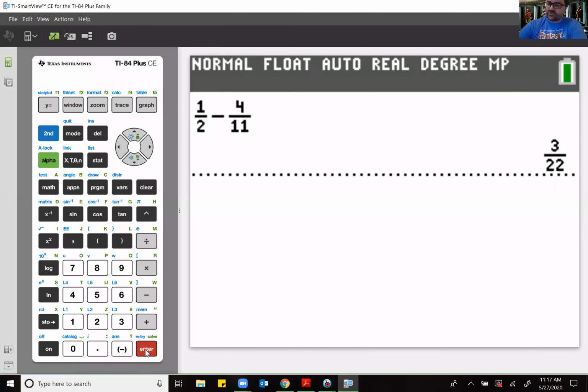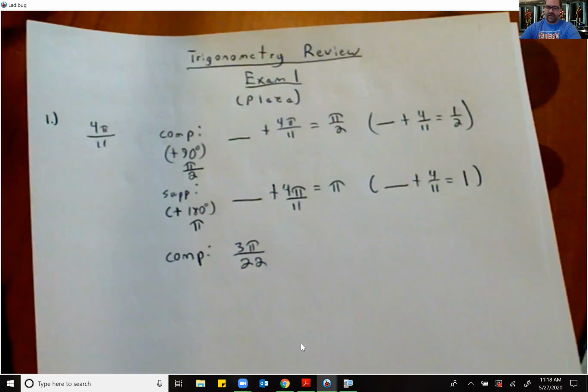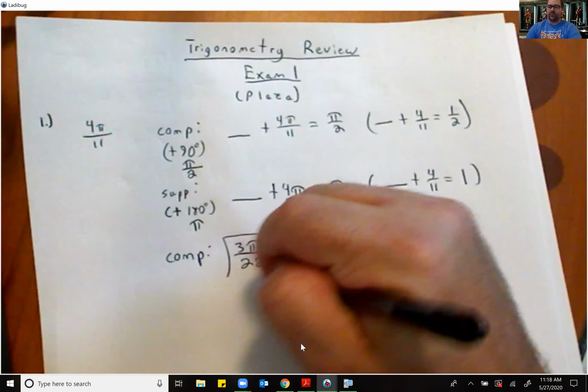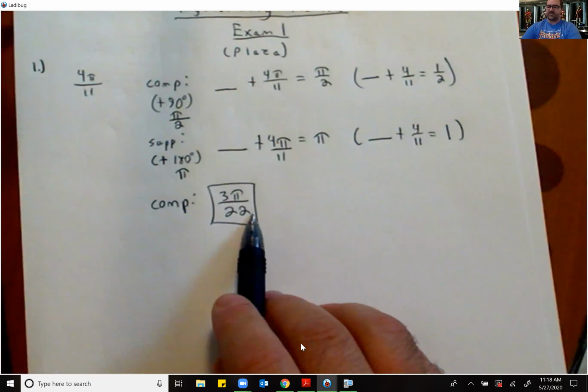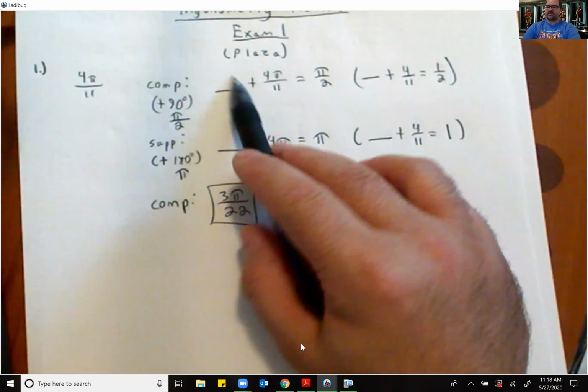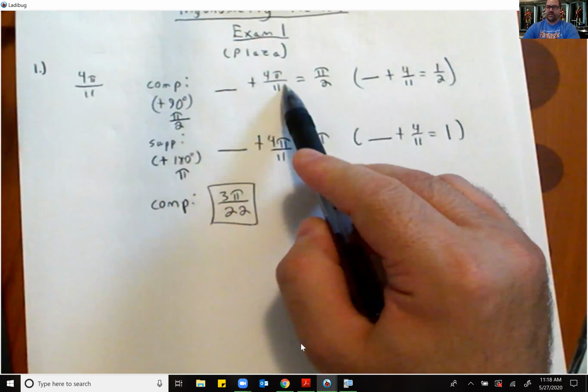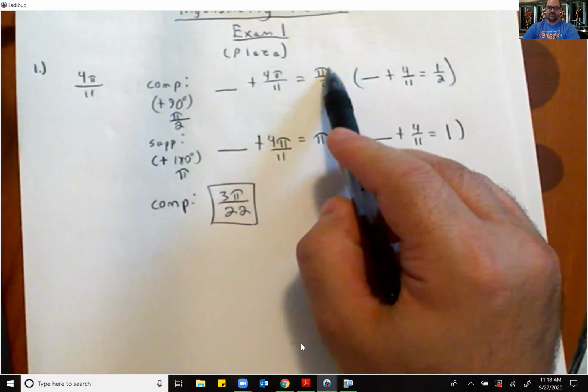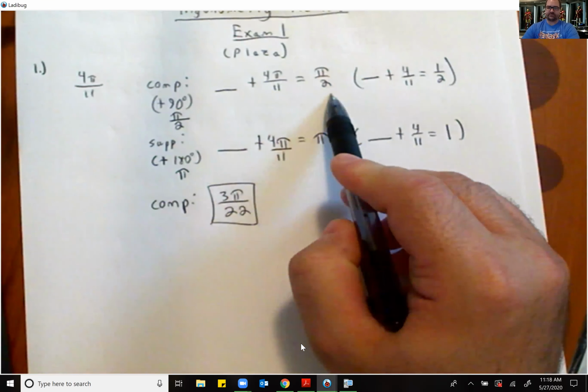And the answer to the complementary will be 3 pi over 22. Like I said, pi just comes along for the ride and it stays in the top. So the complementary answer is 3 pi over 22, because 3 pi over 22 plus 4 pi over 11 equals pi halves, which is 90 degrees.